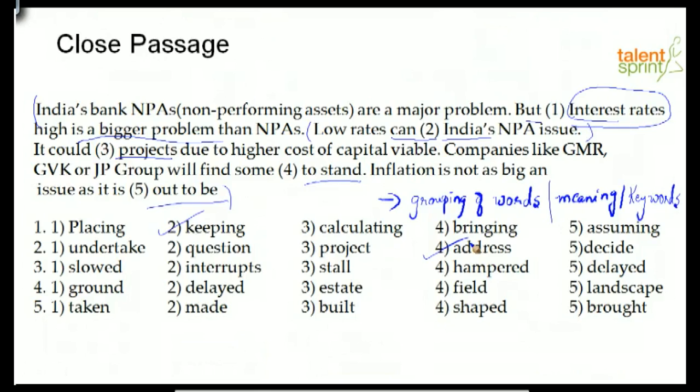Now for the third question, I want one of you, or how many ever of you, can you spot a particular keyword which will help you decide the answer option for the third blank? Slowed, interrupts, stalled, hampered and delayed.